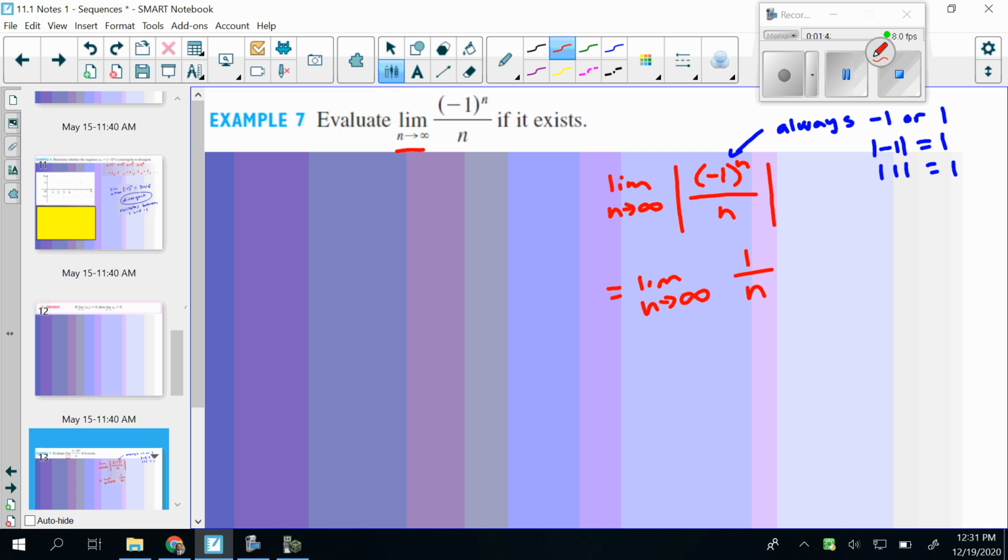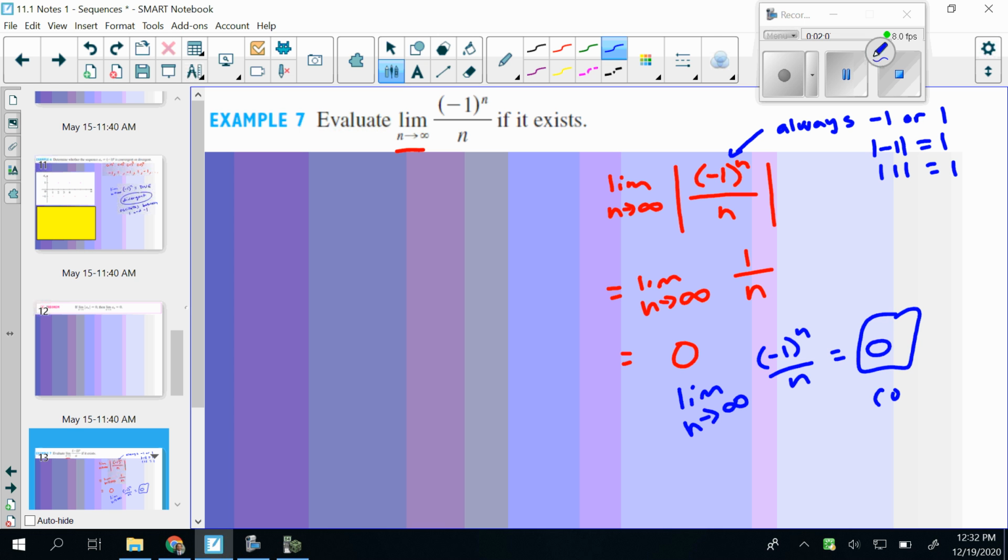Well, what does that end up equaling as you go to infinity? 0. And so we know that if this equals 0, then the limit as n goes to infinity of just this would also approach 0 and be convergent.